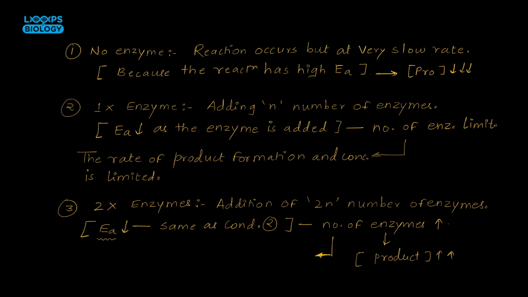If I'm talking about the limited substrate, then even though we are adding 2x enzyme or 3x enzyme or 4x enzyme, the time for the maximum product formation will differ, but at the end, the product formation is going to be the same.